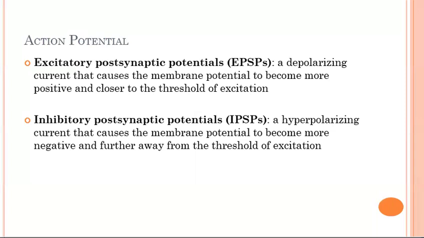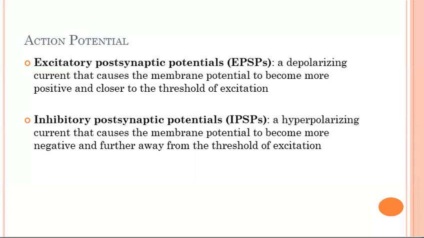However, if the waves they initiated occurred in the opposite direction or with the wrong timing, the waves would cancel each other out and the balls would remain at the center of the parachute. EPSPs or IPSPs in a neuron work in the same way. They either add or cancel each other out. So if you have two EPSPs, then they sum together and become a larger depolarization.